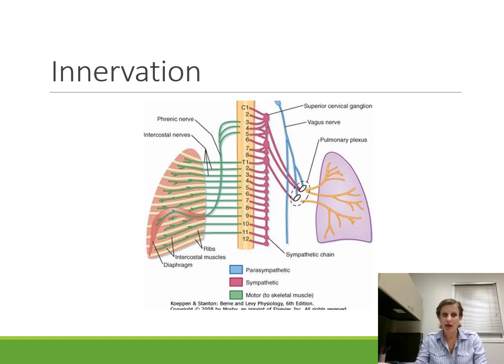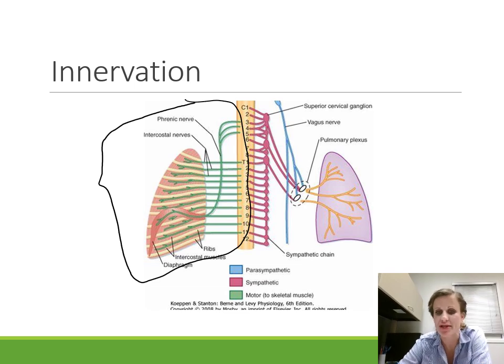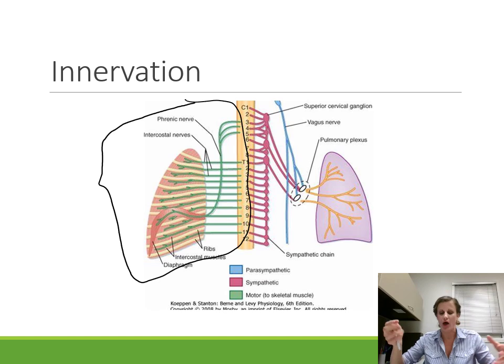Here we see a few things. On this side, that is showing us the innervation to the skeletal muscles of both the thoracic wall and the diaphragm. So these are things that we've already talked about or you've looked at in lab.